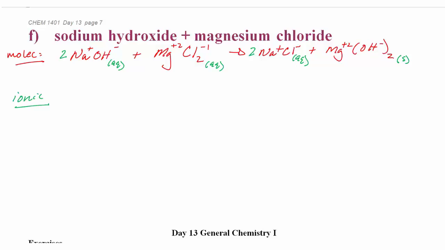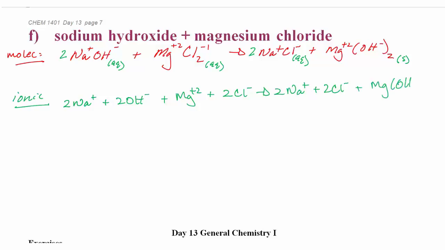For my balance though, I need 2 hydroxides, so I better put a 2 here. 2 chlorides, I need 2 sodium ions, we're good. So break up everything that's aqueous. So I'll have 2 sodium ions and 2 hydroxides and a magnesium ion, 2 chloride anions, 2 sodium ions, 2 chloride anions, and magnesium hydroxide solid. Cancel what you can.